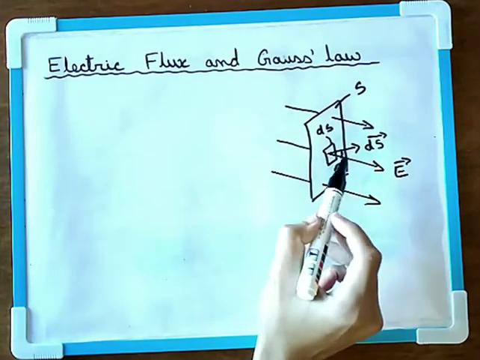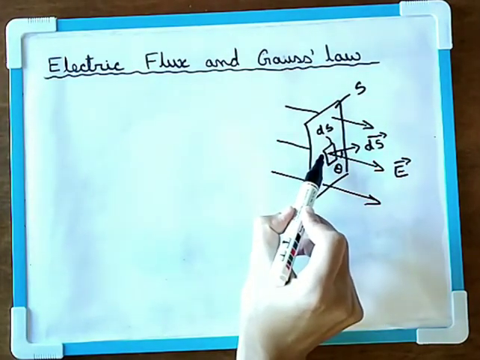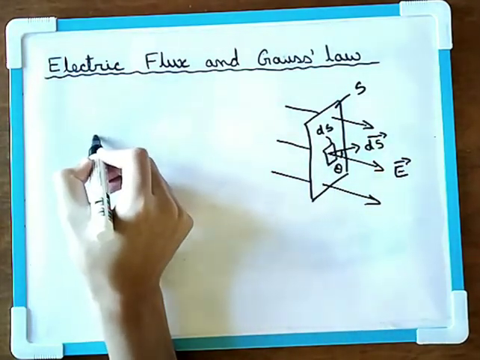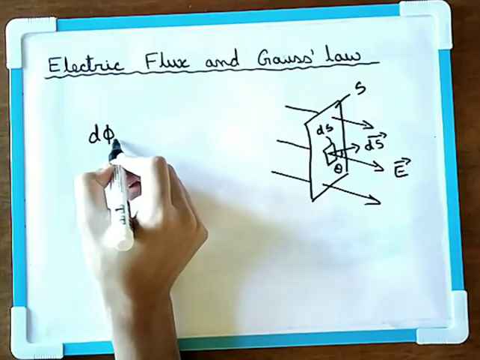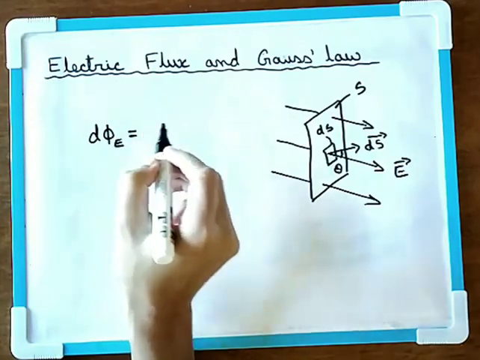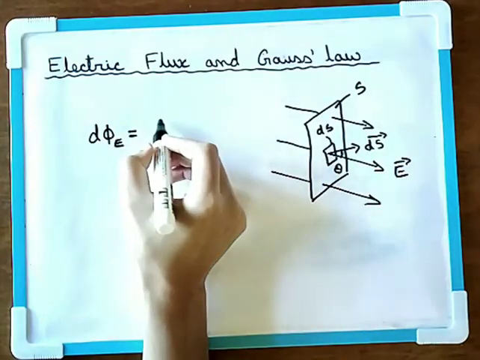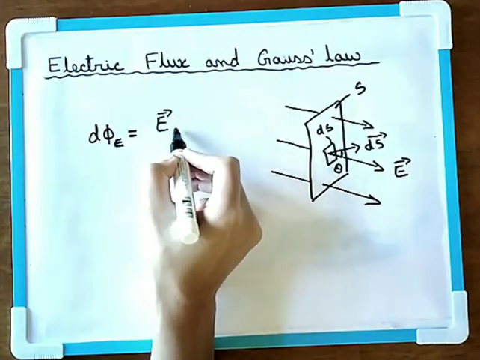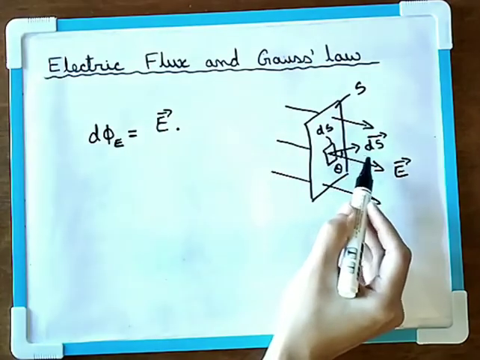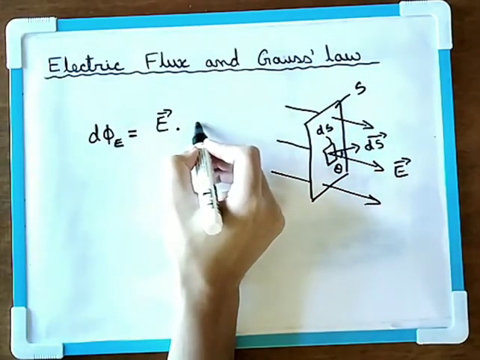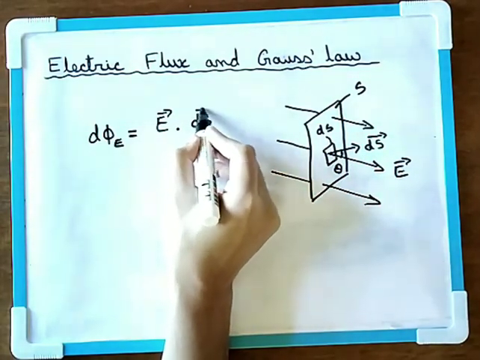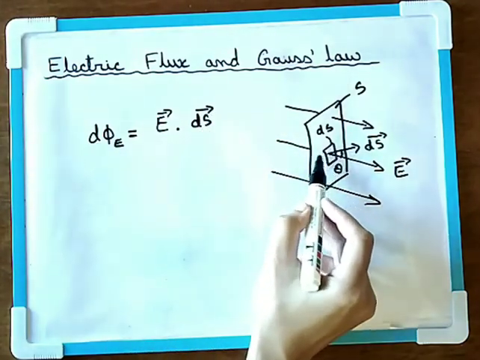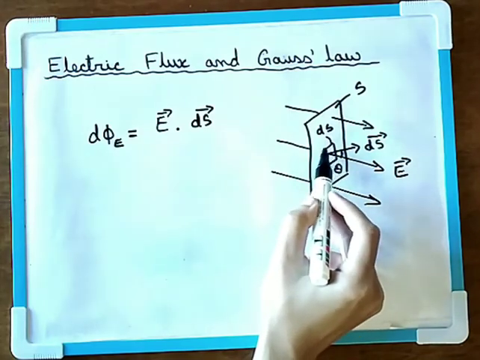So the electric flux through this small elementary area dS is given by d phi E, and this is equal to, again, the dot product of the electric field vector and this elementary area vector dS. So this is the electric flux through this small elementary area dS.